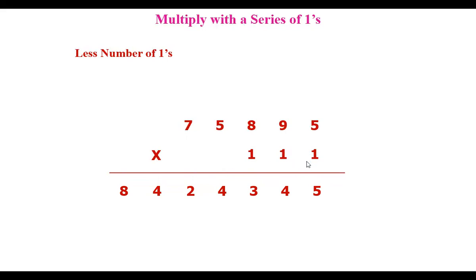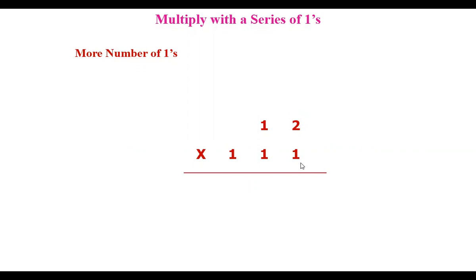Clear? So next, we have seen so far an equal number of ones, fewer ones. If we have more ones, what to do? How? Let us deal with it. Let's take a simple example, a simple number, 12, a 2-digit number, multiplied with a 3-digit number, 111.